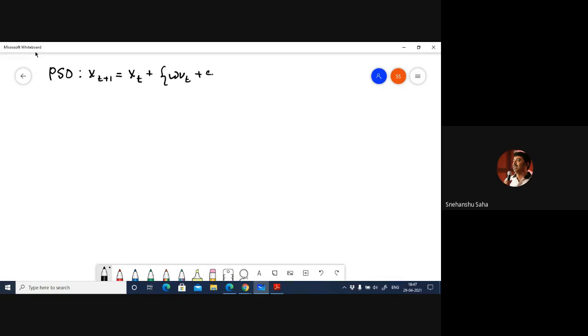And C1 R1, you know what C1 R1 is, there is this P best minus x_t, plus C2 R2 G best minus x_t, right?